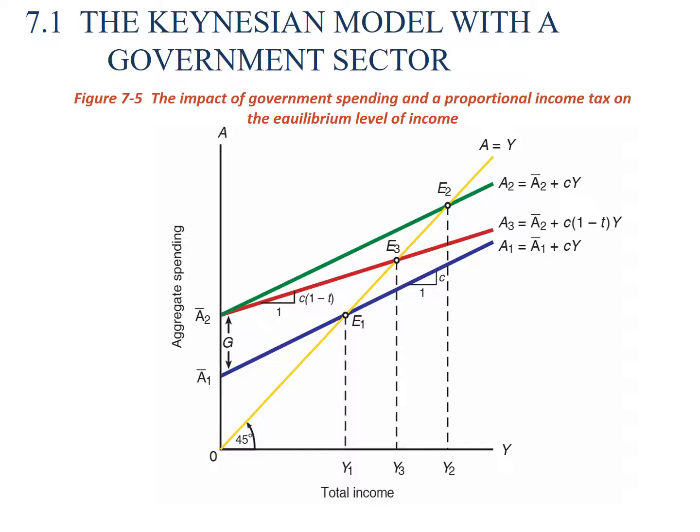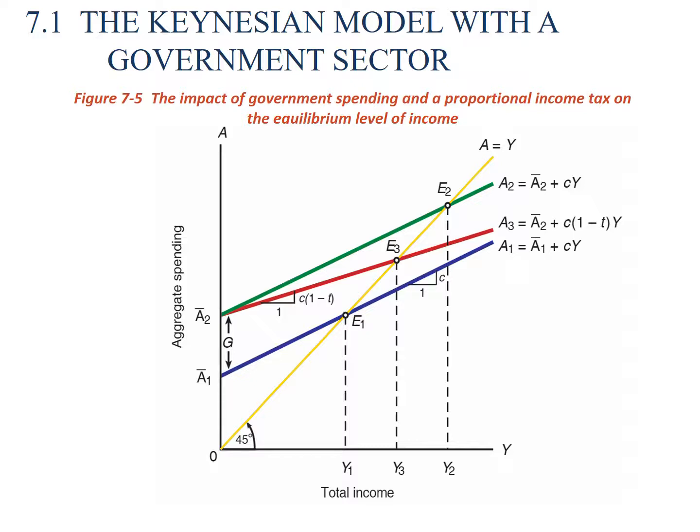According to figure 7.5, before we introduce the government sector into the model, our aggregate spending is indicated by A bar 1 with an equilibrium at E1, and that's a total income of Y1.